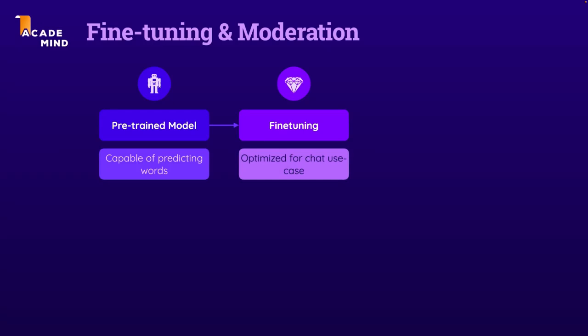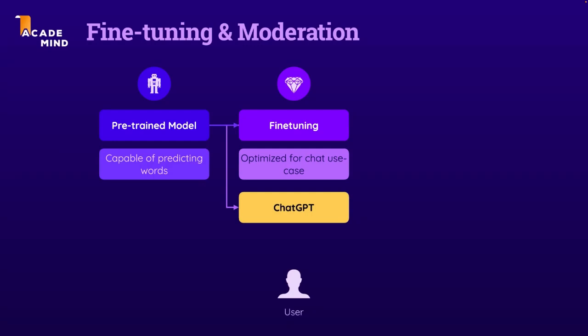So, for example, for using it to build this chat-like application. It's this fine-tuned model that's therefore used by ChatGPT, and it's therefore this fine-tuned model with which you, the user, in the end interact when you send your prompts and you get back those responses, the generated output.